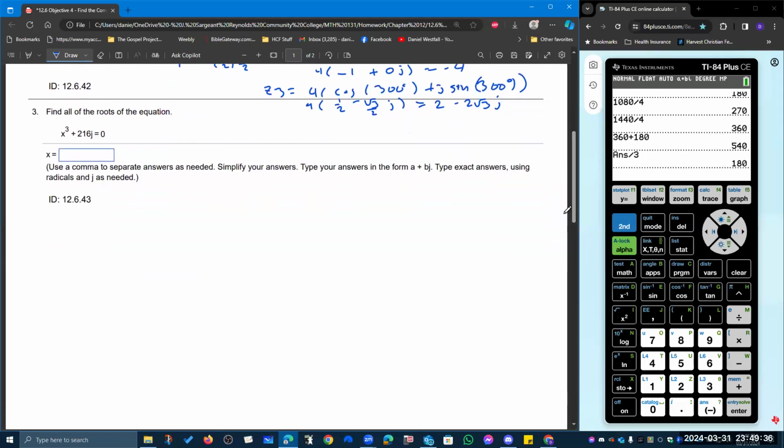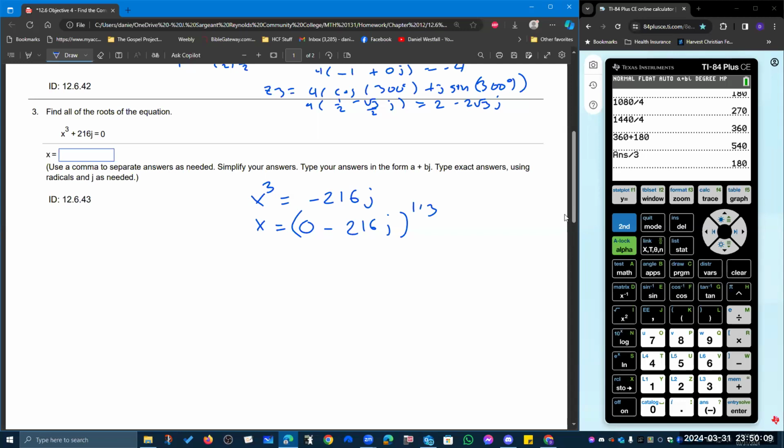Let's go ahead and solve this equation now, where x cubed is equal to negative 216j. So we have x equals 0 minus 216j to the 1/3 power.